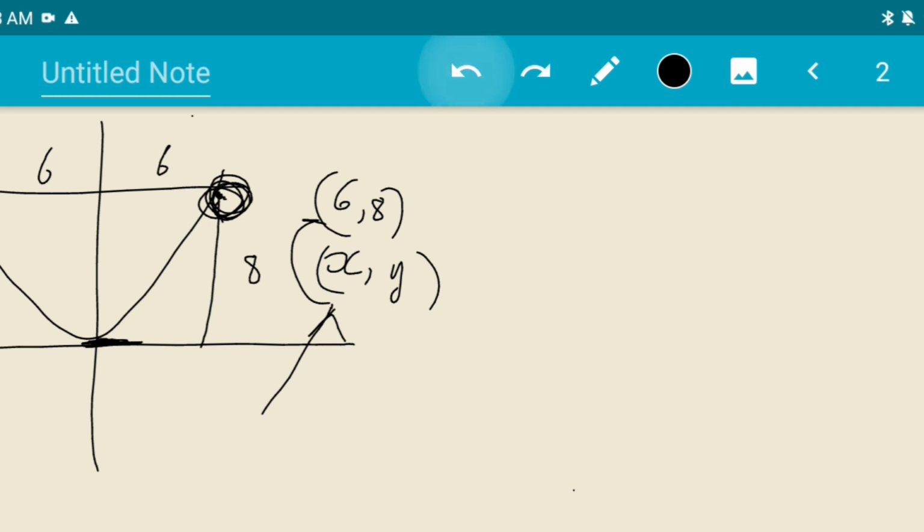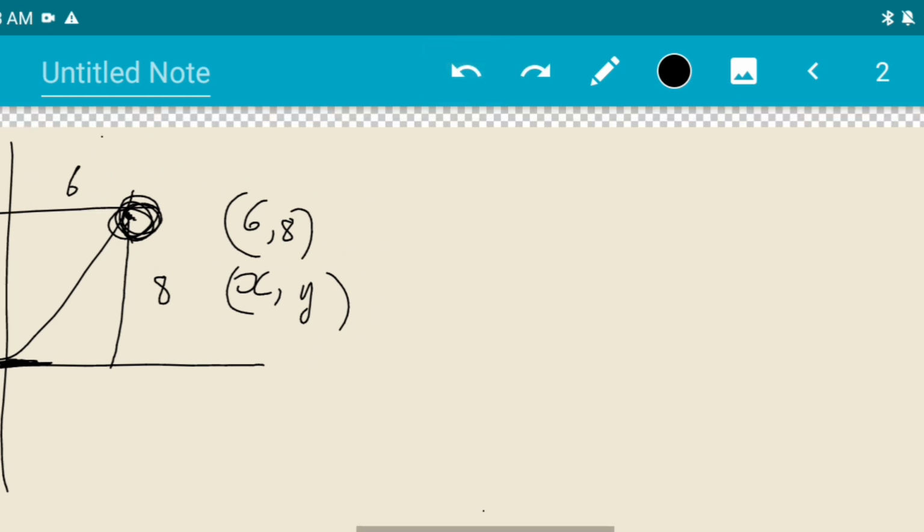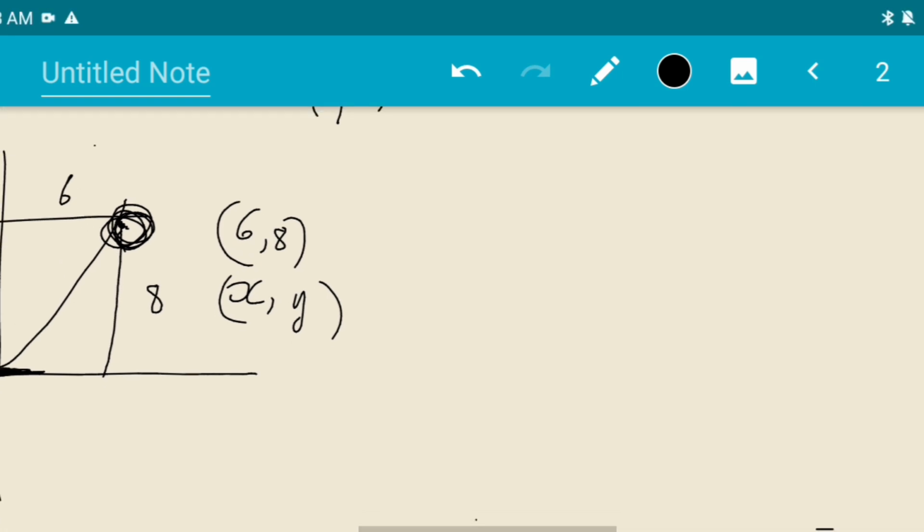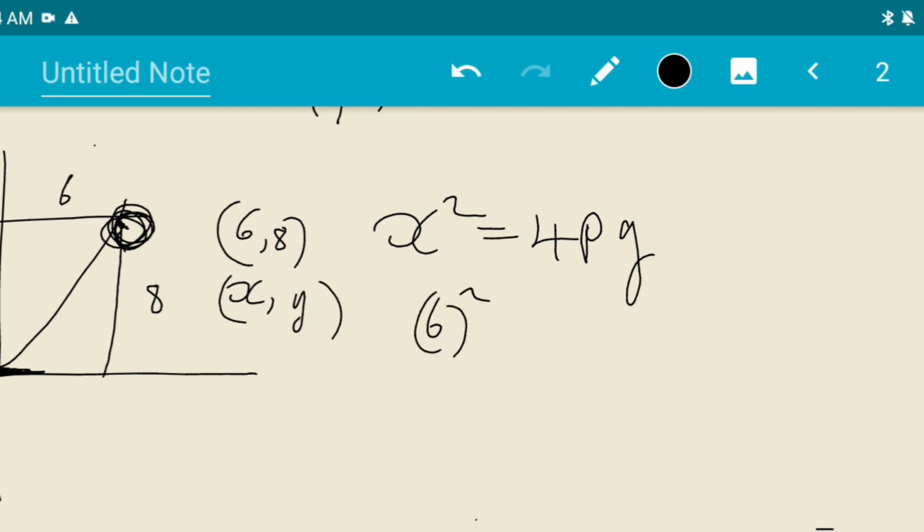Okay, so with that being done, we can just go back to our equation, which is x squared is equal to 4py. What is our x? Our x, as discussed, is 6, so 6 squared is equal to 4py. Remember, we're trying to find the foci, because all they've asked is what is the distance from the vertex to the foci. Then what is our y?